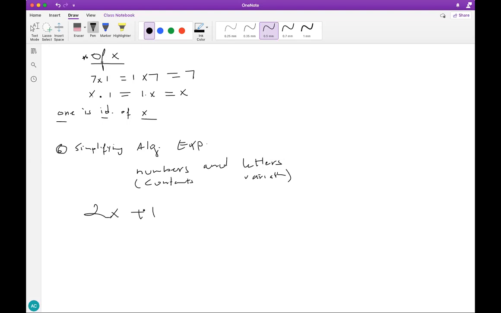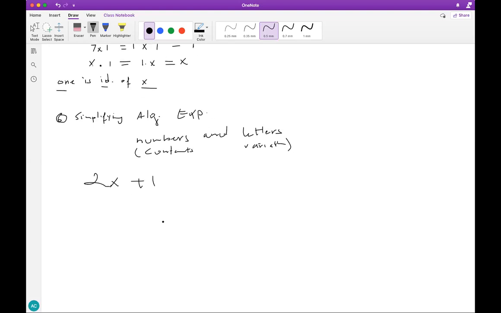The letters we also call variables. Why? Because their value may change depending on what we give it. You could give it 3, you could replace it by 4 or 5, whatever it is. So this is a variable, but this is a constant. A constant, or a fixed number, doesn't change. So even if this changes, this will remain the same.